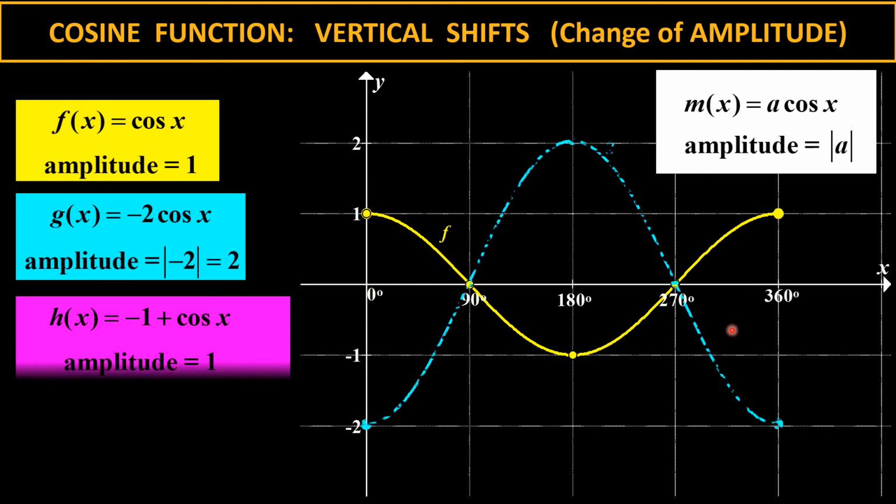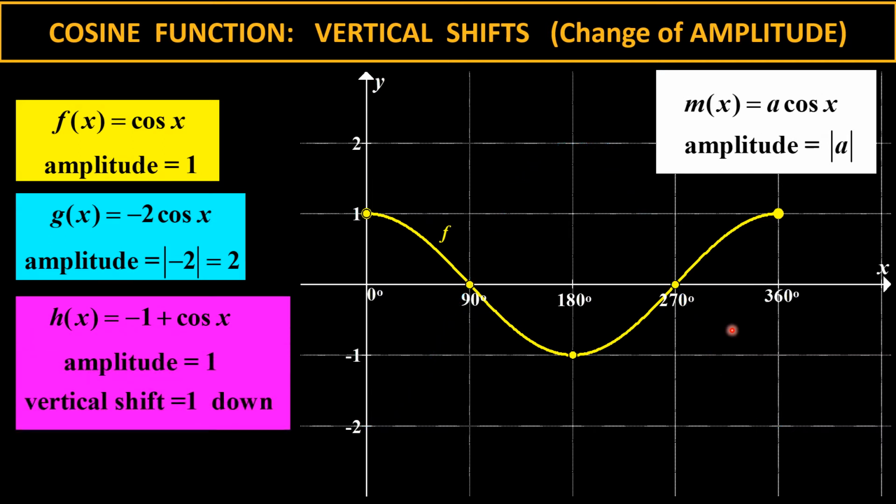Let's remove that negative 2 cosine x, and let's look at the negative 1 plus. So here I have the cosine x and a negative 1. So it's negative 1 plus cosine x. So 1 plus negative 1 will give me a 0, right? 0 plus negative 1 gives me a negative 1, right?